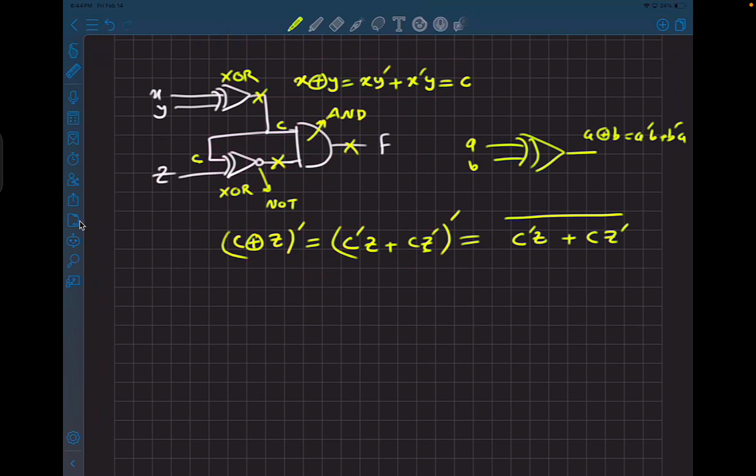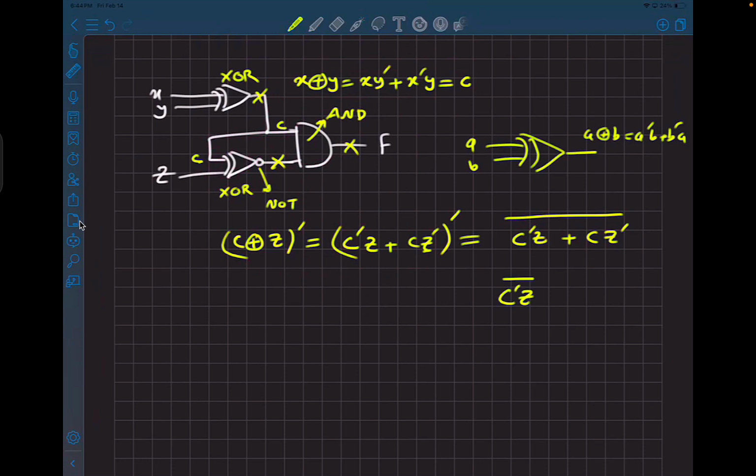So you see, it's an OR of two elements, and if you apply bar on each of these, it will become C bar Z bar.